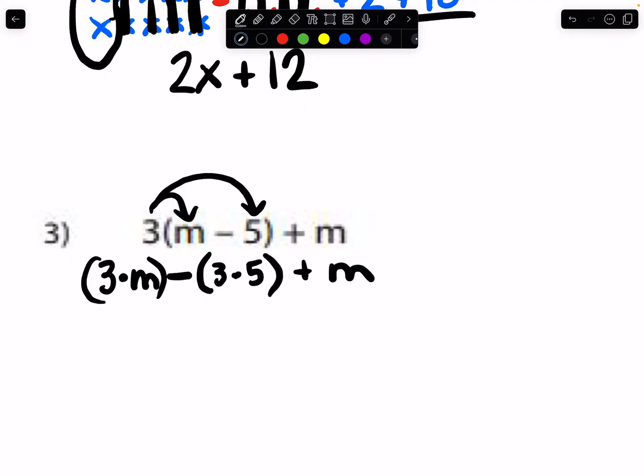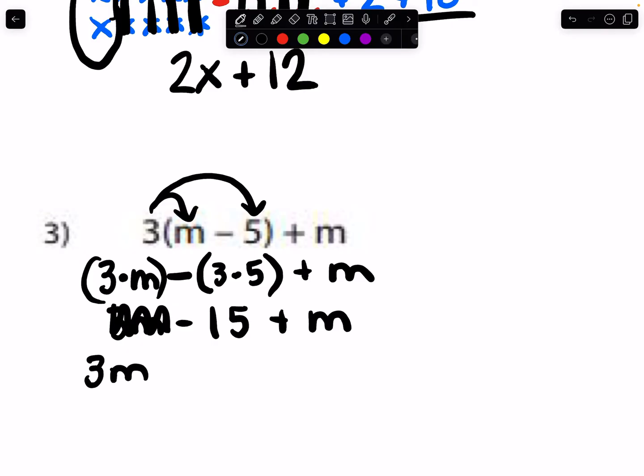That 3 went with the m and that 3 went with the 5. So this becomes 3m minus 15 plus m. I'm going to rewrite so that my letters are together. So I use the 3m, plus m, minus the 15.